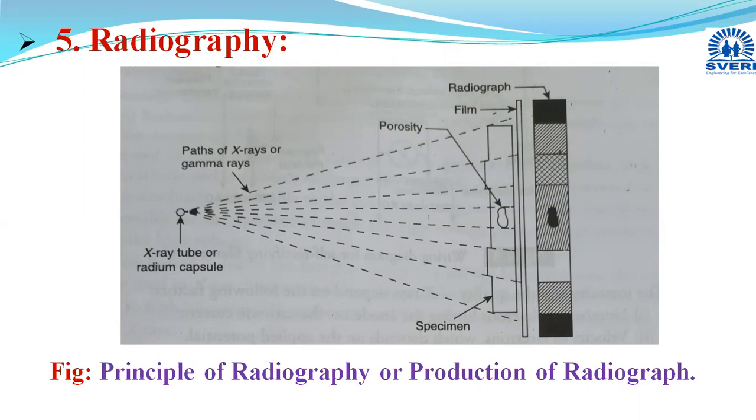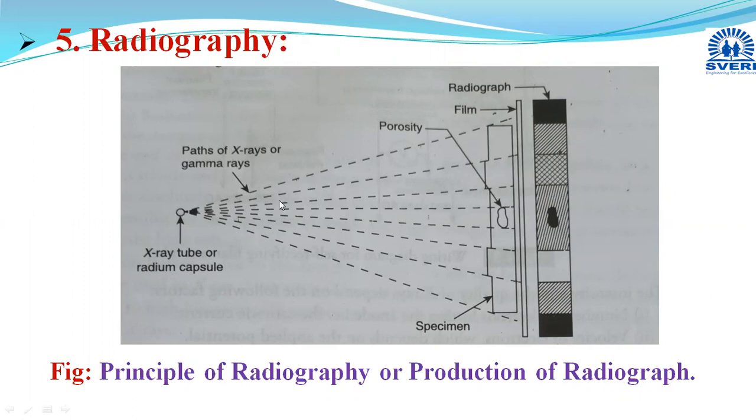Now, suppose these rays are passing through a defect-free component; the amount absorbed will be different from the amount absorbed at the spot where defects are present.